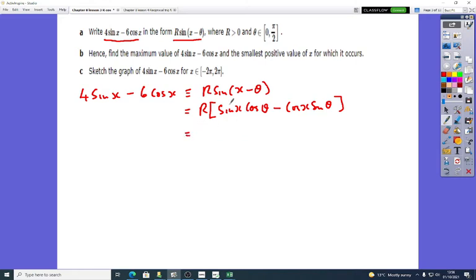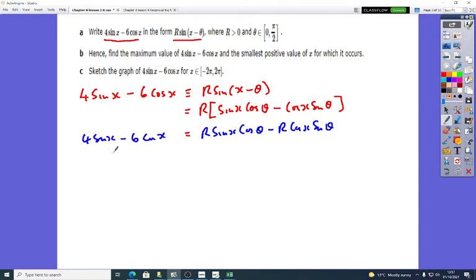Now I'm going to times everything by r, so you'll end up with r sine x cos theta minus r cos x sine theta, and that's going to be the same as what we got on here, 4 sine x minus 6 cos x.